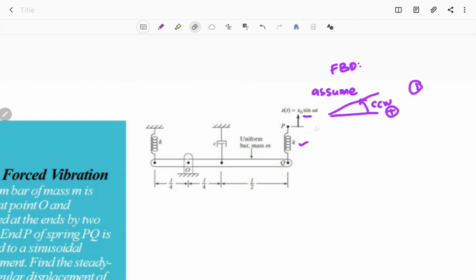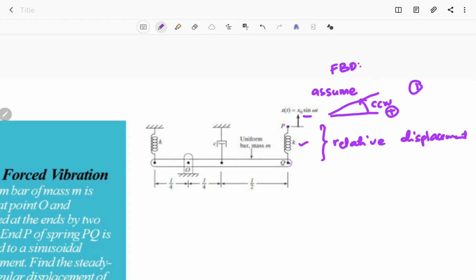Since it is in between these two positions of the bar, there is a relative displacement that you have to consider, which means you have to determine which one gets negative. So just take note of that.